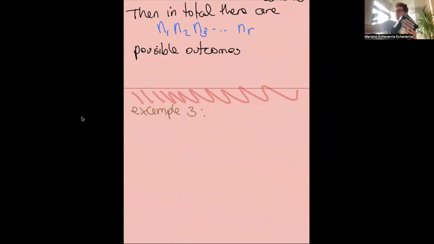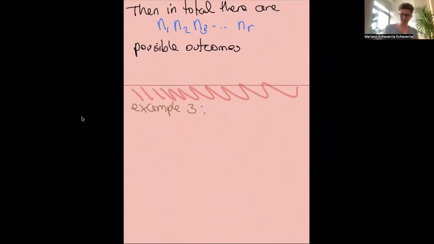Here's example 3. I have 5 books that you see here, and imagine I have a bookshelf and I just want to organize the books, but I'm going to put just 3 on the bookshelf.